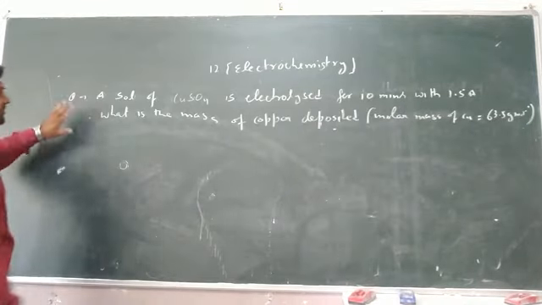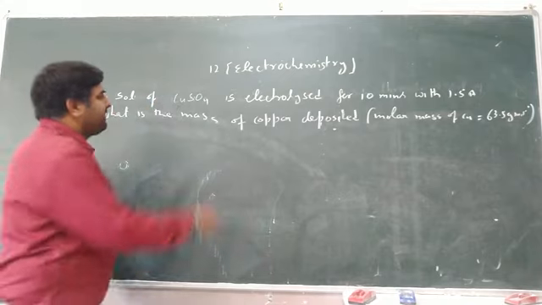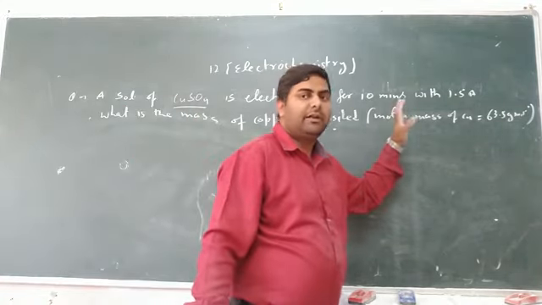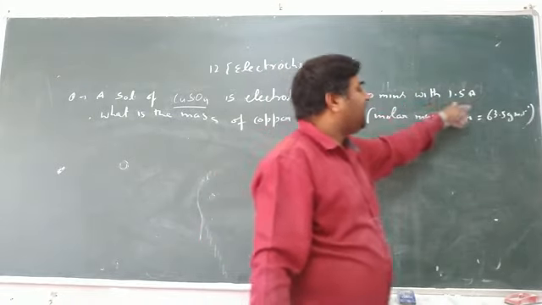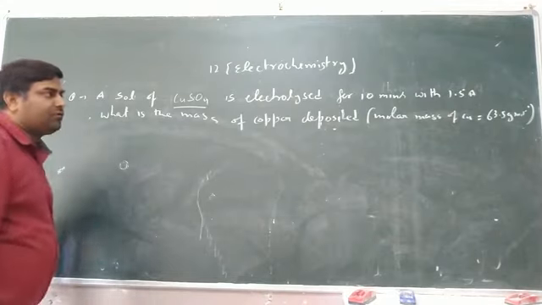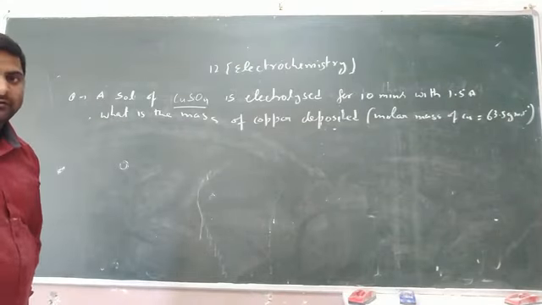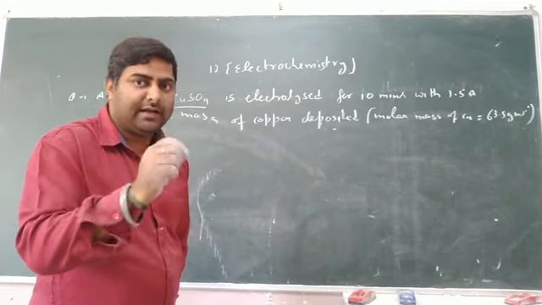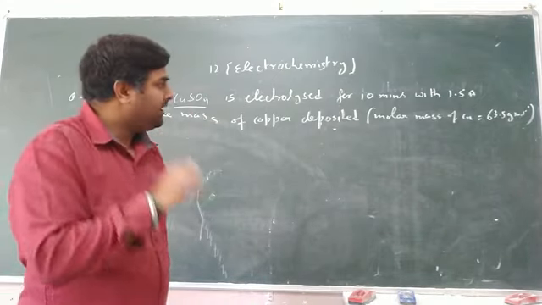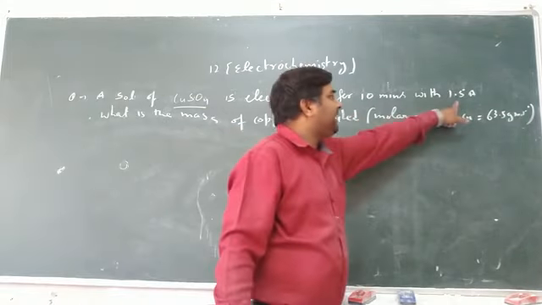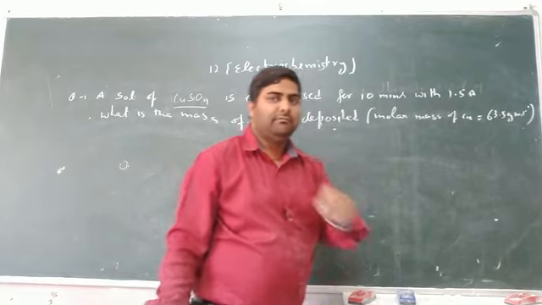Here is a question. A solution of copper sulfate is electrolyzed for 10 minutes with 1.5 ampere current. What is the mass of copper deposited? We have to find the mass of the copper deposited at its respective electrode when we pass a current of 1.5 ampere for 10 minutes.